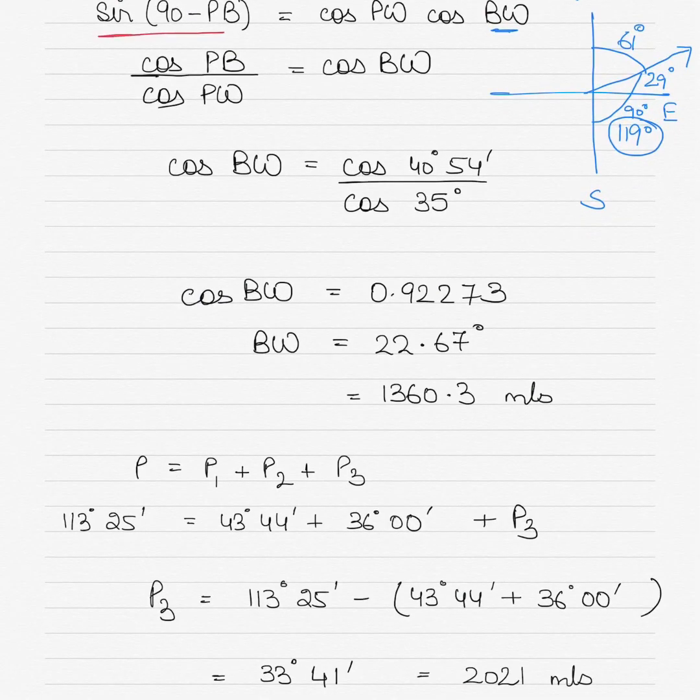Sin 90 minus PB will be equal to cos of PW multiplied by cos of BW. This comes here, and I've shown this all before as well. So find out BW, match the values with my values, and you will get BW as 22.67 degrees. But because this is distance, convert it into miles by multiplying by 60. You will get 1360.3 miles.